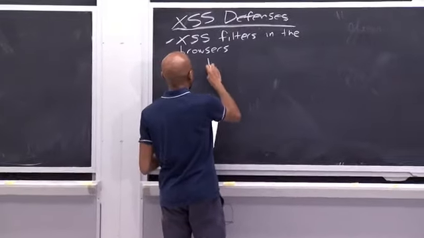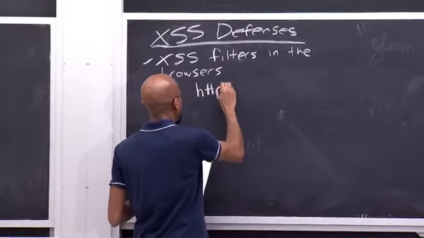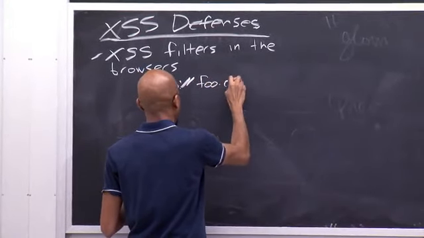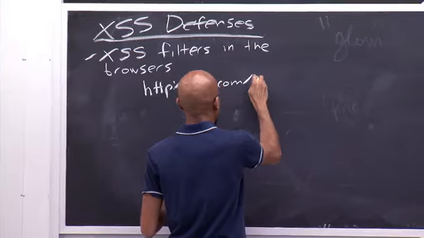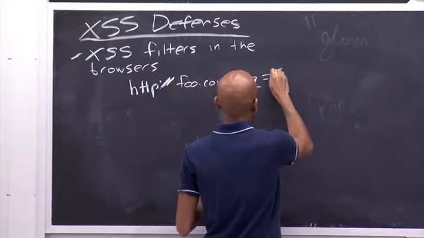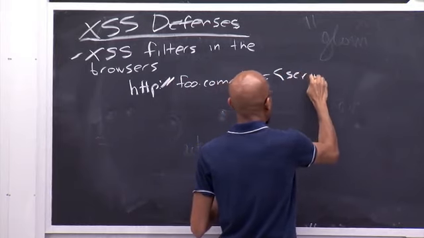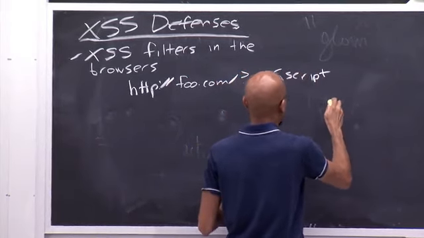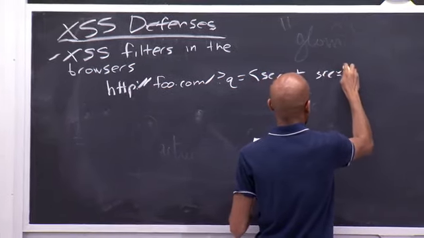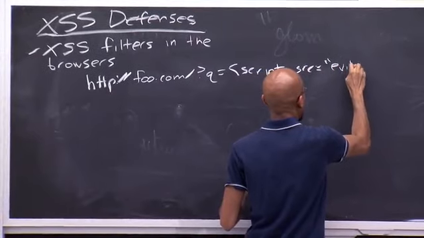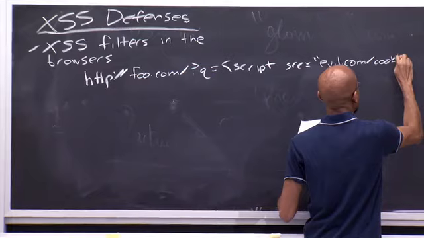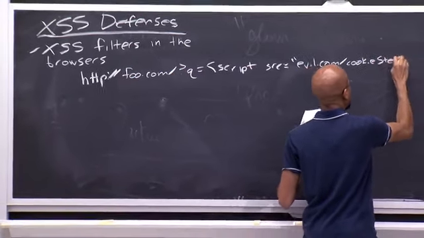So, if you have some URL, excuse me, that looks like this, foo.com, and then some question mark, and then some query string you're going to submit. This is very similar to the example that I tried third. So I just set this source to something like evil.com, cookiestealer.js.